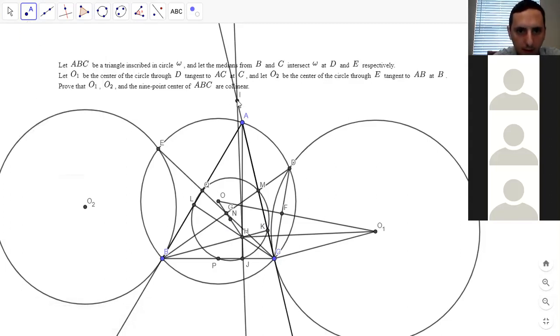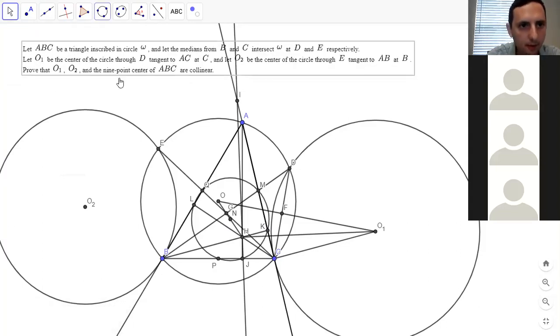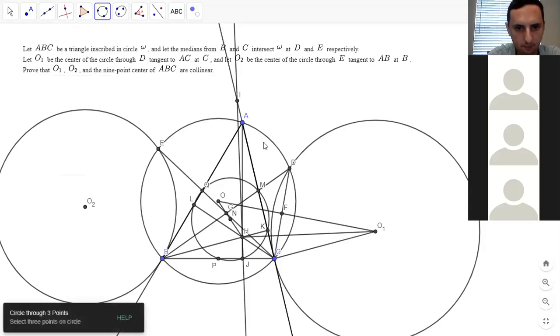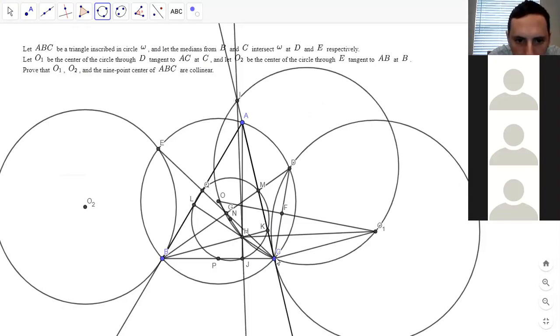So then we have IHCO1 is cyclic, and we want to show IH is parallel to BE. But yeah, I don't know how good that is.